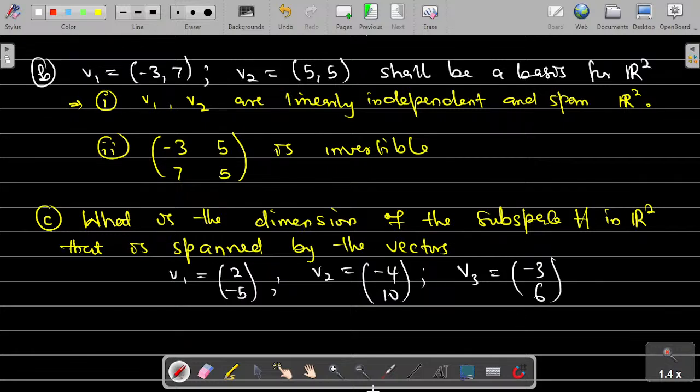So they are asking us to show the dimension of the subspace that is spanned by these three vectors.